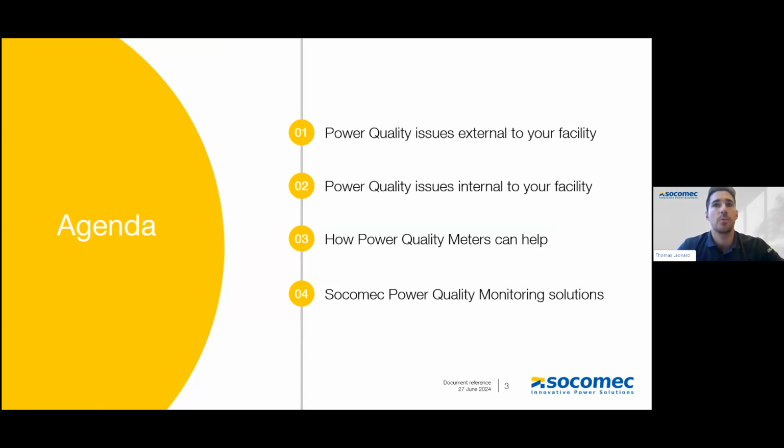And then we'll look at how power quality meters can help, how to select the right power quality meter, where to install it. And then we'll look at what Socomec has to offer. We recently launched new power quality meters in the past few months. So we'll take a look at the different features that they offer and how they can help you address those disturbances in electrical installations.